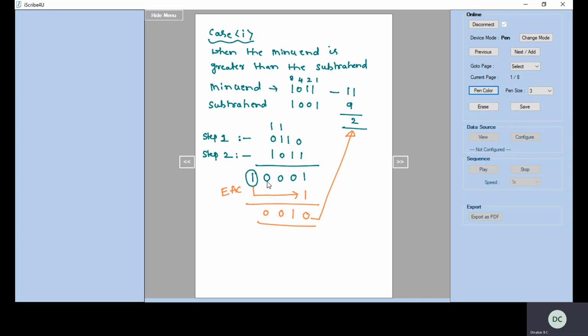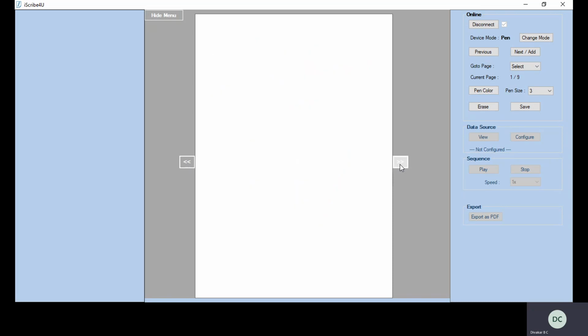The second case, case 2, when the minuend is smaller than the subtrahend. Let us take the minuend as 2 and the subtrahend as 6.